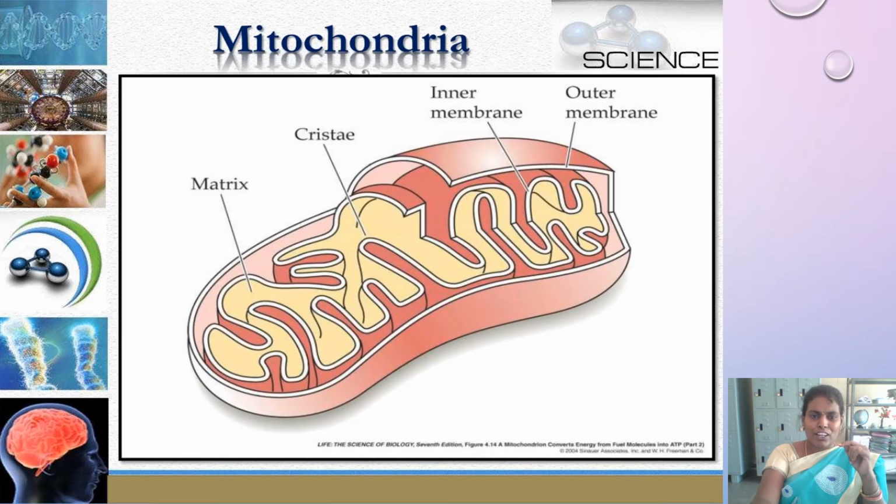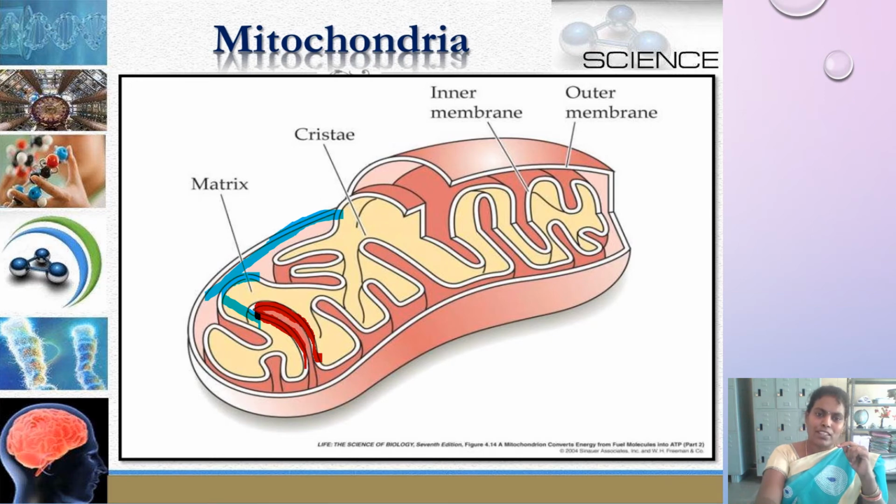See the structure of mitochondria here. The mitochondria is bounded by two membranes. This is the outer membrane and this is called the inner membrane, and this inner membrane is folded towards the matrix.